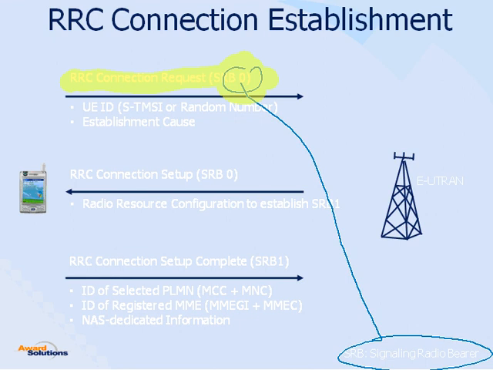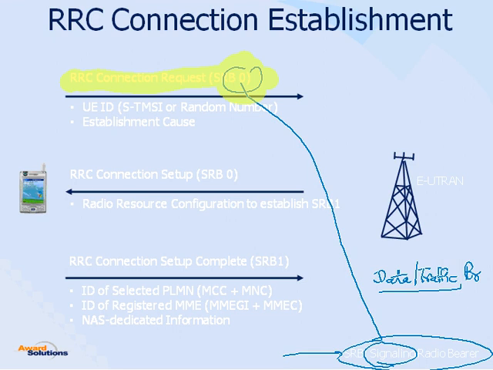Signaling radio bearer and the data bearer or the traffic bearer. So we have two main types of bearers. Here, as the name suggests, we are doing only signaling messages. And here, as the name suggests, we are able to exchange the user traffic.